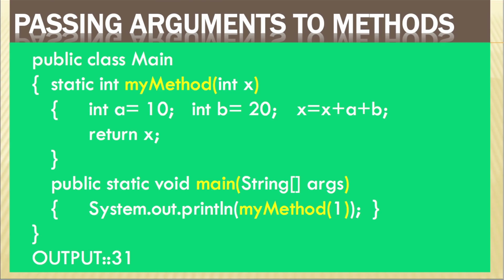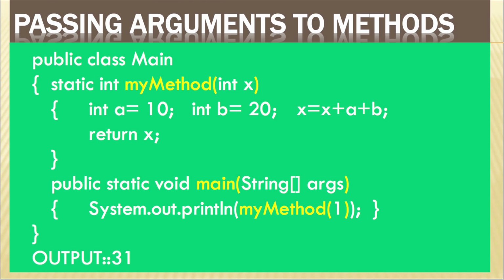Here we have the statement System.out.println(myMethod(1)). We are passing one argument to myMethod, so this 1 will be transferred to the variable x.